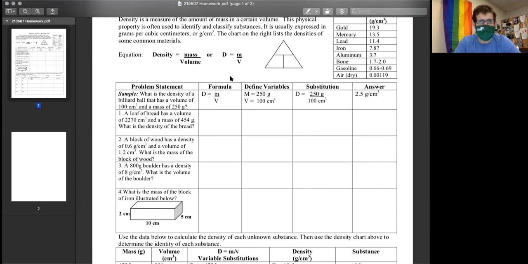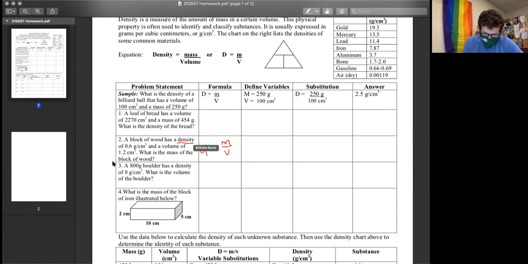I'm going to look at problem number 2. This example is already here, but with problem number 2, we have a block of wood that has a density and a volume that are given. What is the mass? I'm going to start off every single time with this formula: density equals mass divided by volume. You can see that's on the page, so you don't have to have it memorized. I want to figure out what I already know.